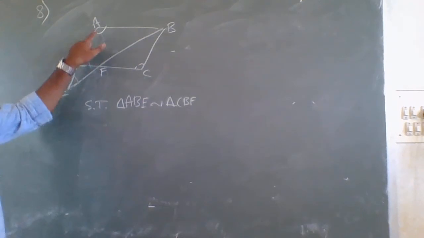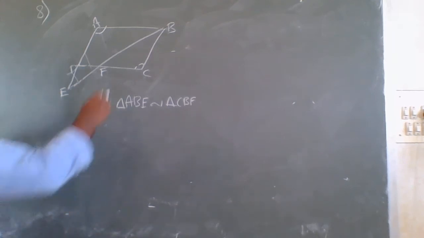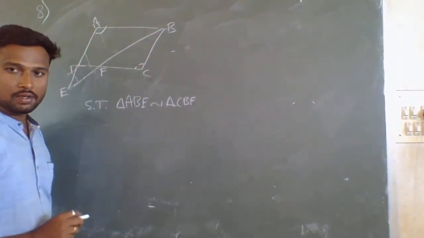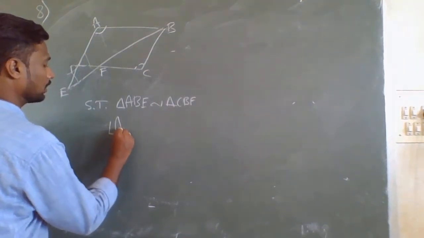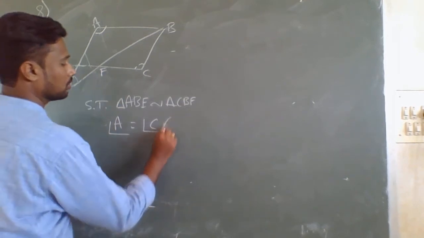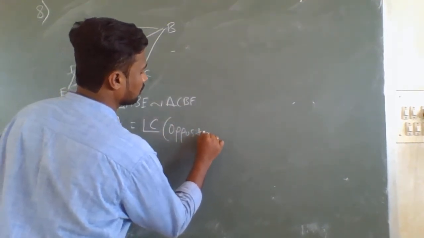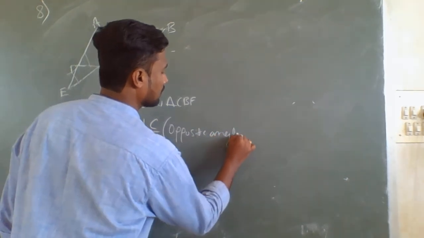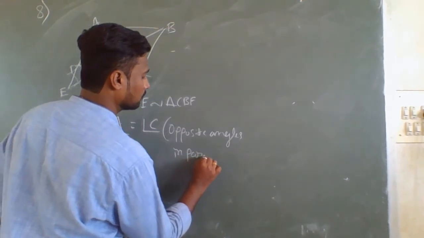These two angles are opposite angles of the parallelogram, and we all know that opposite angles in a parallelogram are equal to each other. Therefore angle A equals angle C, because these two are opposite angles in a parallelogram.